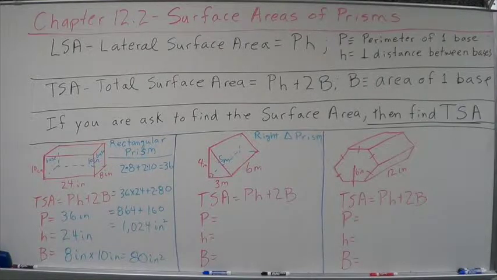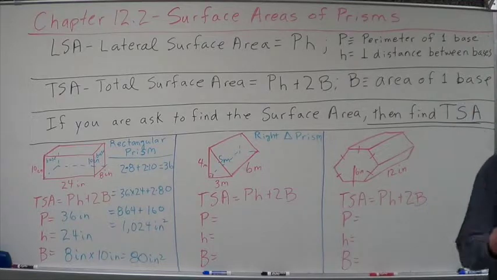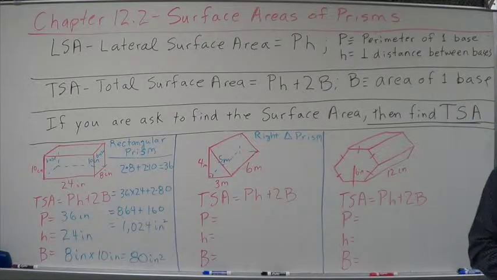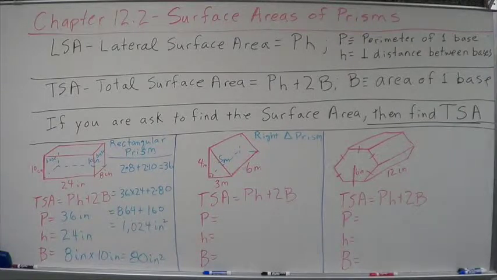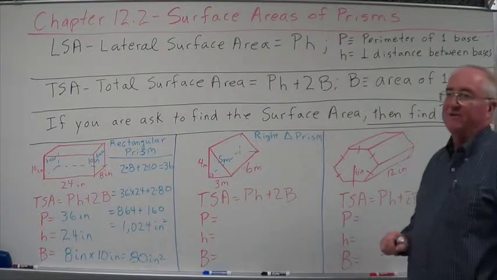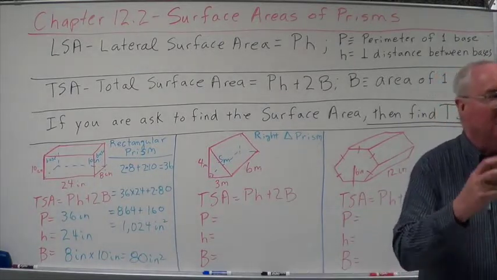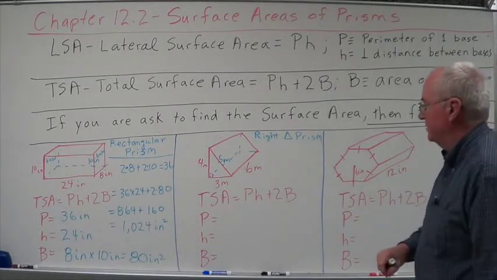If I tell you I have a pentagonal prism, then you know the bases are pentagons. If I say I have an octagonal prism, then you know the bases are octagons. If I have a square prism, you know the bases are squares.